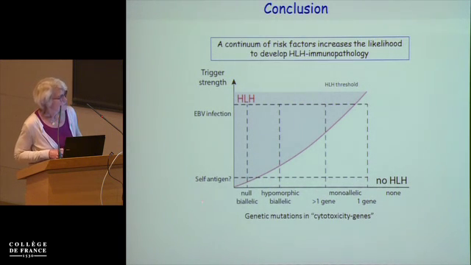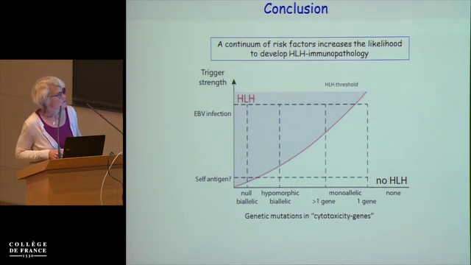When the cytotoxic defect is very strong, is intense, as a result, for example, of biallelic null mutation in one of these genes, this immune disturbance occurs very early, is severe, and very often in young children it is difficult to evidence an infectious trigger, suggesting that maybe in this case non-infectious triggers may also contribute.